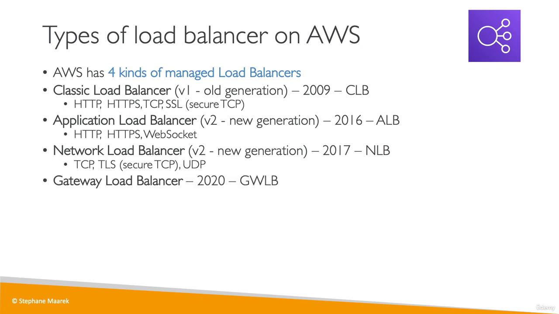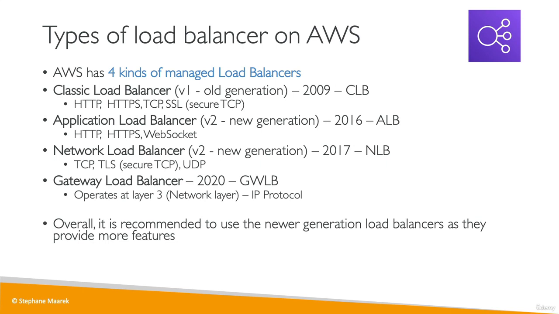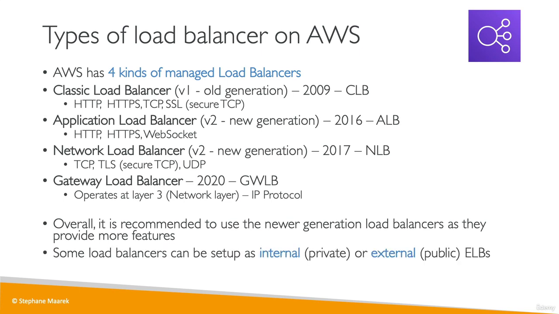And then finally, we have the Gateway Load Balancer from 2020, GWLB, which operates at the network layer, so layer 3, and the IP protocol. So overall, it is definitely recommended for you to use the newer generation load balancers as they provide more features. And some load balancers can be set up as internal, so private access for the network, or external public load balancers, for example, for your websites and public applications.